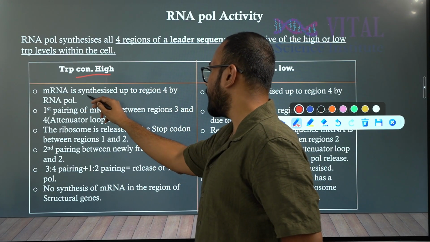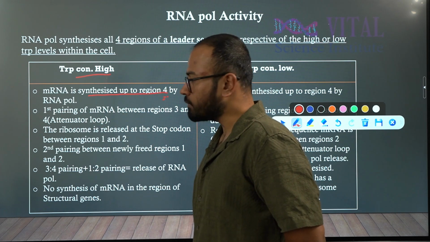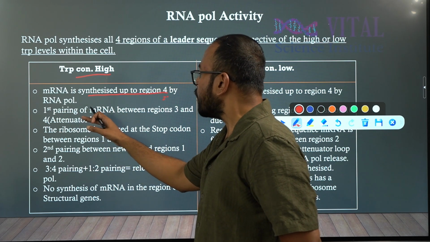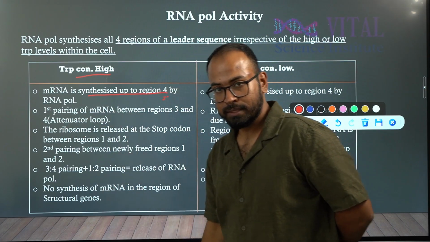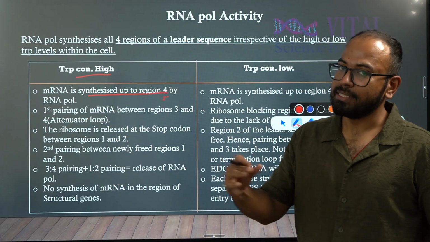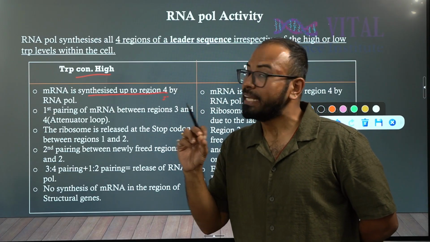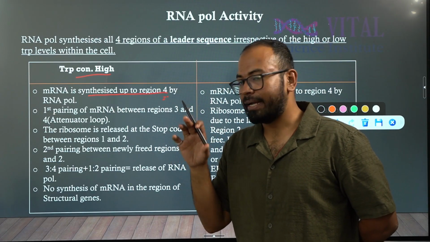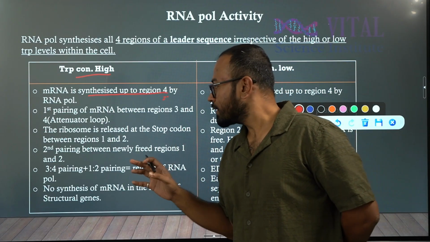As simple as that, mRNA is synthesized up to region 4 by RNA pol. The first pairing of mRNA between region 3 and region 4 is happening, because the leader sequence is already synthesized. 3 and 4 are intra-complementary, and hence 3 and 4 will pair with each other.